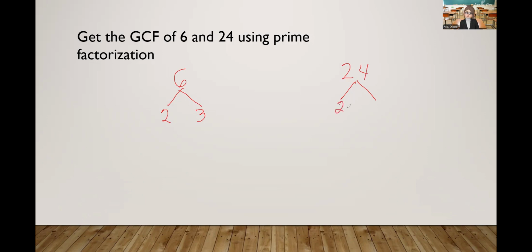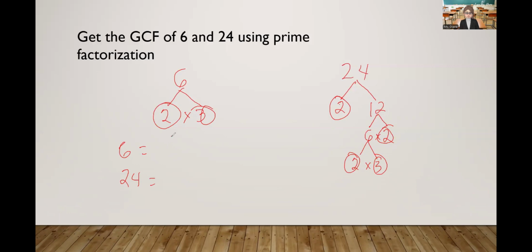I will use 2 times 12. We can still factor 12 out, which is 6 times 2. And the factors of 6 are 2 and 3. So they're already prime numbers here: 2, 2, 2, and 3.